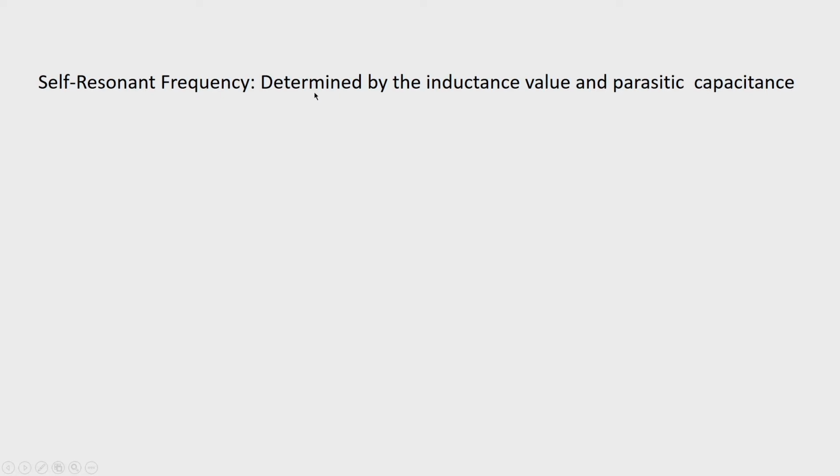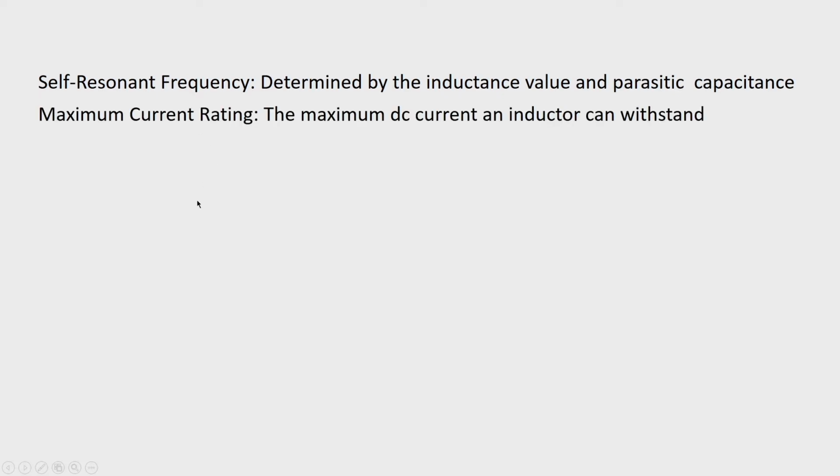Now, there are certain issues which need to be considered while selecting a particular inductor for a given application. Self resonant frequency is determined by the inductance value and the parasitic capacitance value, as we have already seen.